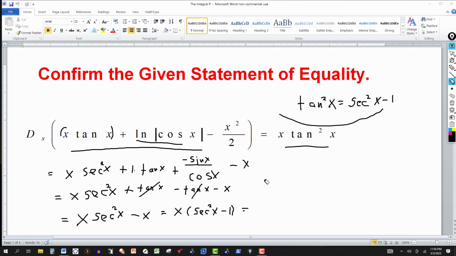So we get secant squared x minus 1 is tangent squared. So from that then we can conclude that this will give us x tangent squared x, and that's what we wanted to get.